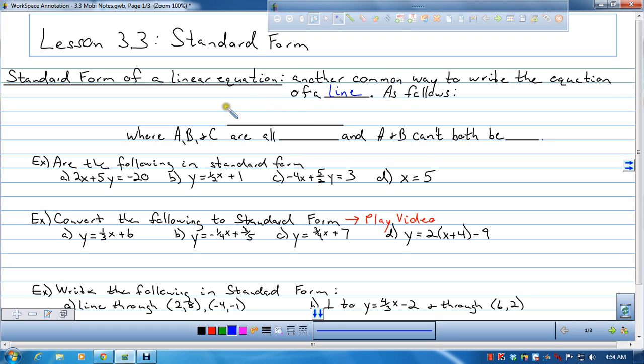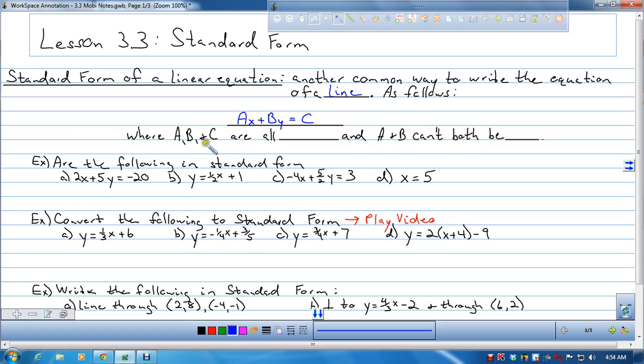So this standard form, you might recall, is written as ax plus by equals c, and you'll notice we still have an x, we still have a y. Those are going to be our variables.